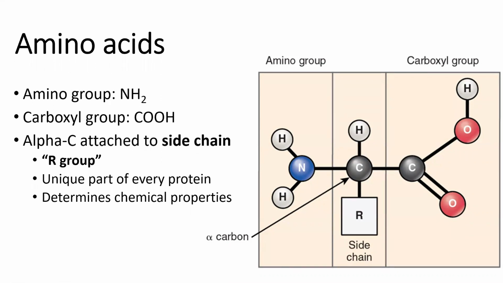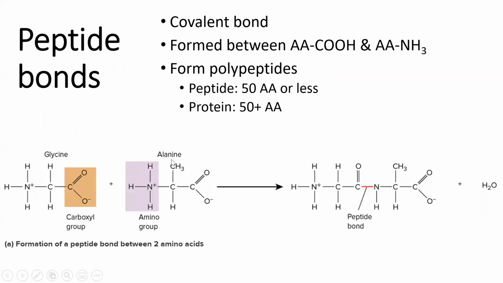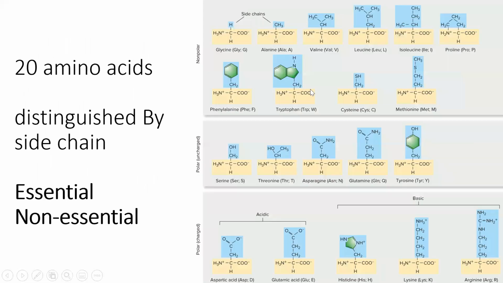So you can see that they are grouped into different properties. So you have the nonpolar, the polar, you have charged and uncharged. And basically, this is what's going to give you the ability of, later on, after you form the polypeptide, the ability of the proteins to start folding.